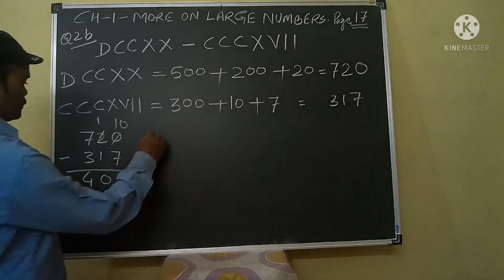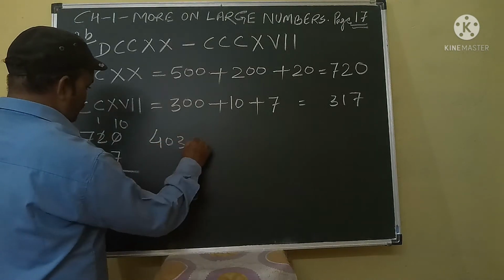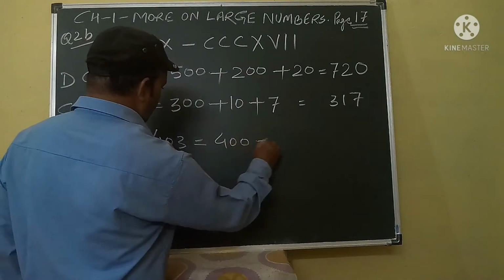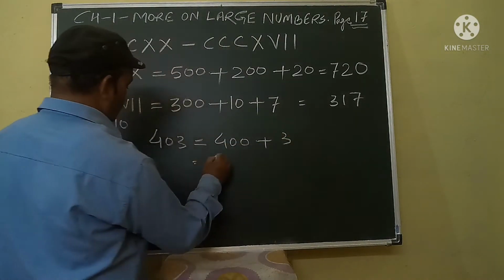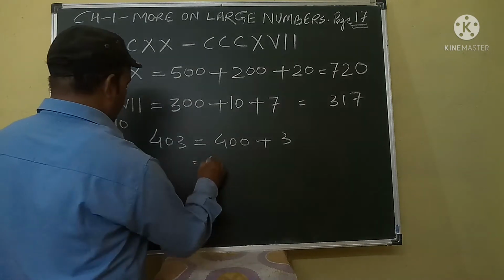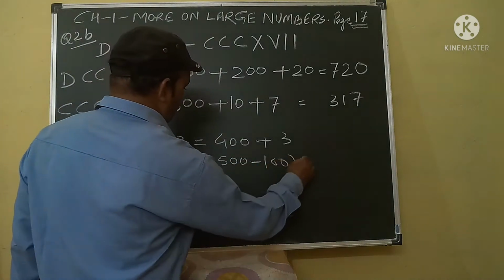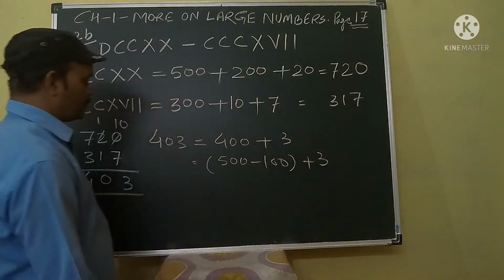So what will you do? We can break 403 into 400 plus 3. We can write 400 as 500 minus 100, plus 3.